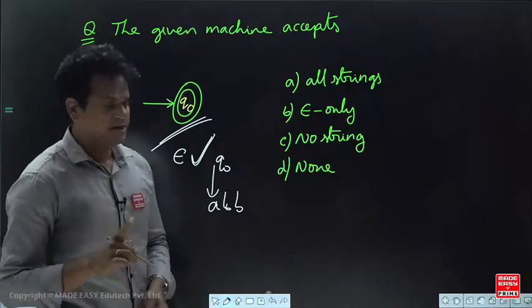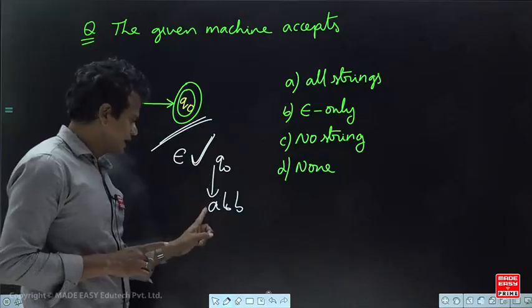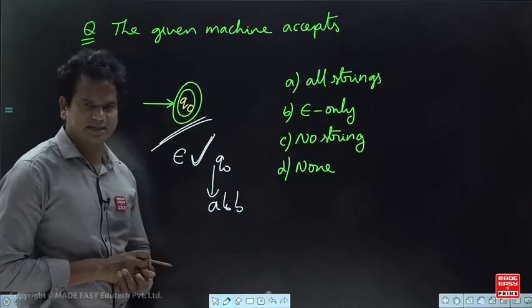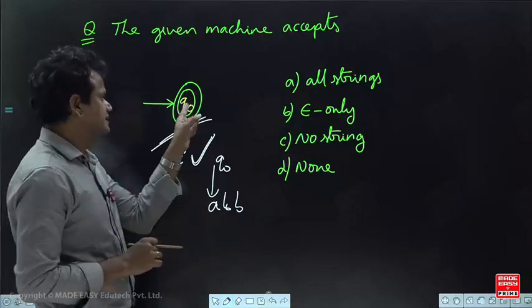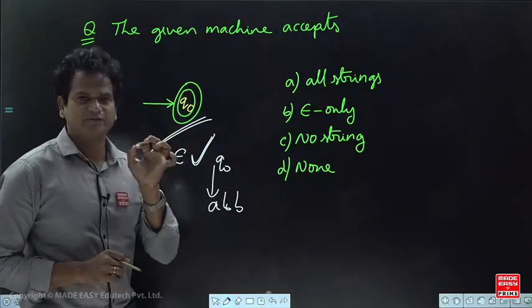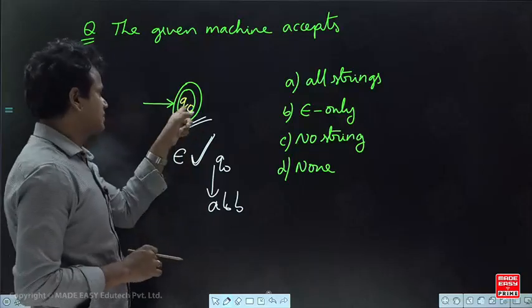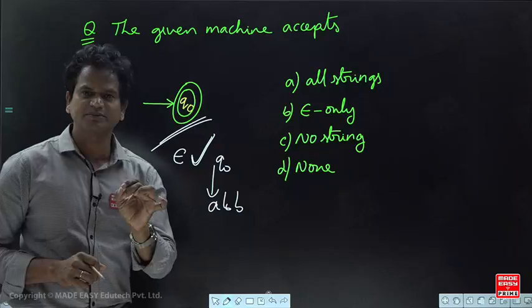Here Q0 is the initial state and the input string is ABB. The present symbol is A. Q0 on A is undefined. Whenever the machine is undefined, it stops. Where does it stop? Q0. And what is Q0? Final state. Means accepted or not accepted?